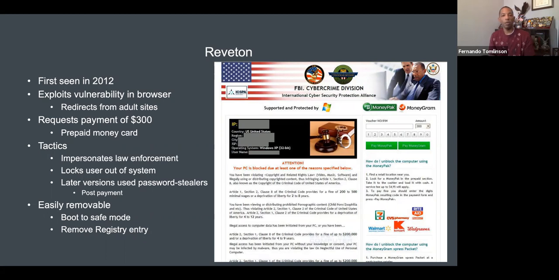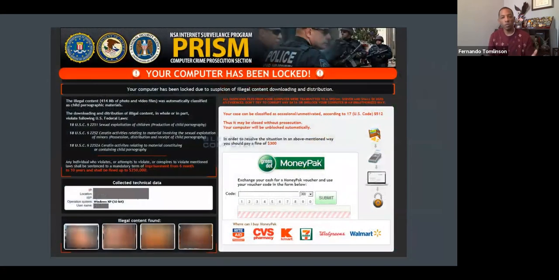But again, when we talk about lockers versus crypto, if you will, this was one of those lockers where we're just trying to prevent you from actually accessing it. And guess what? There are multiple versions of it. So here's another one, NSA Internet Surveillance Program, right? PRISM, if you will. Again, trying to instill fear in the user so that way they feel inclined to pay the ransom, okay?